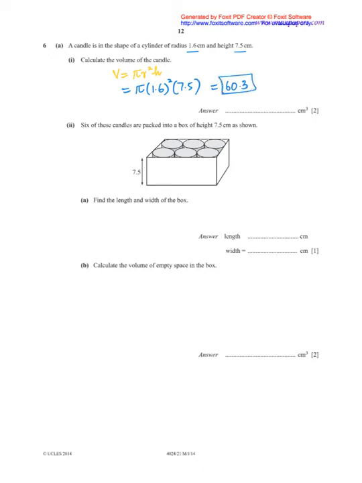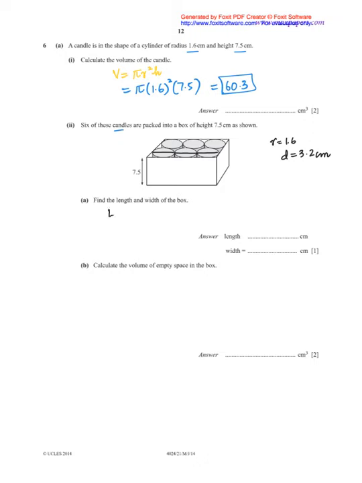After that, 6 of these candles are placed into a box of height 7.5. Find the length and width of the box. Alright. So firstly, if the radius is 1.6, then what is the diameter? Diameter will be 2 times the radius, so that means 3.2. So if I mark the diameter, this length is 3.2, this length is 3.2 and this length is 3.2.